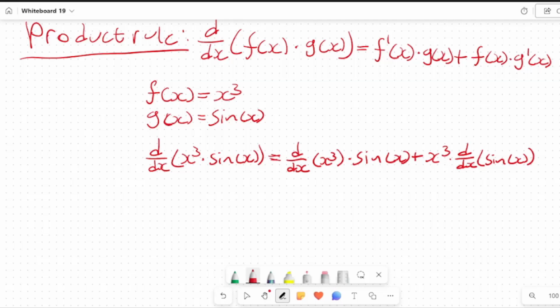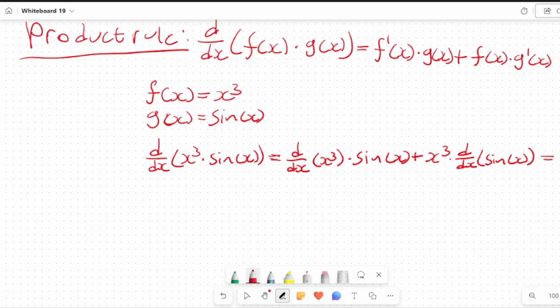So the derivative of x cubed is 3x squared according to the power rule. We basically move that exponent down as a coefficient and subtract 1 from it. So it's 3x squared multiplied by sine of x plus x cubed multiplied by the derivative of sine of x, and the derivative of sine of x is essentially just cosine of x.